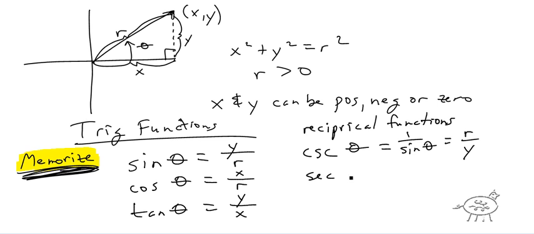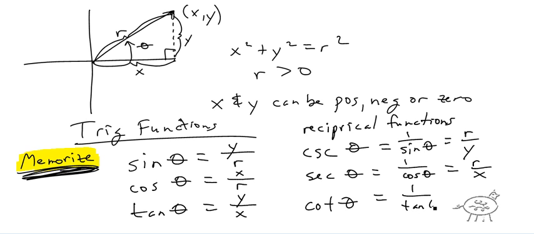Okay, and then you have the secant of theta is equal to 1 over the cosine of theta. So that's going to be r over x. And then you have the cotangent of theta is equal to 1 over the tangent of theta, or x over y. All right? Got to memorize those. You have to know those. They're really not that difficult.